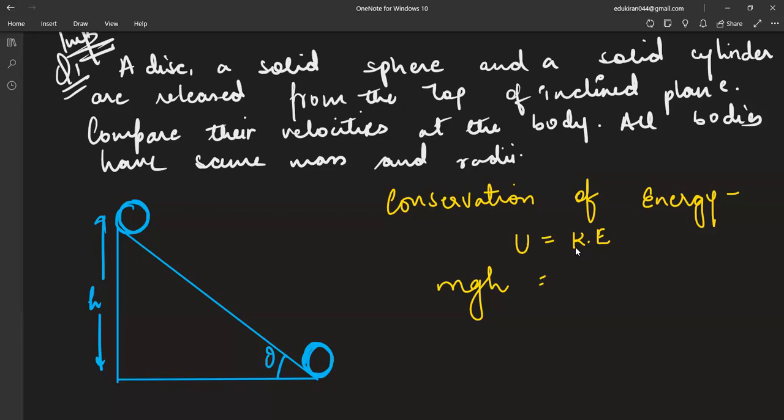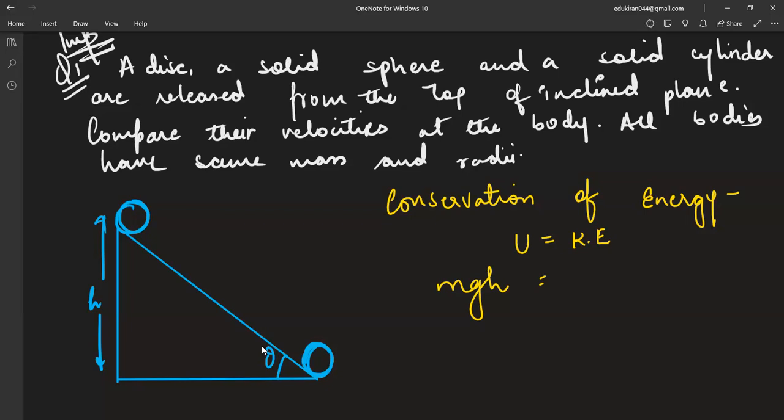So this is a pure rolling case, right? Whatever distance is covered, and obviously it's a smooth inclined plane. How do you identify whether it's a case of pure rolling or not? When nothing is mentioned, by default that becomes a pure rolling case, because in your syllabus you have pure rolling.